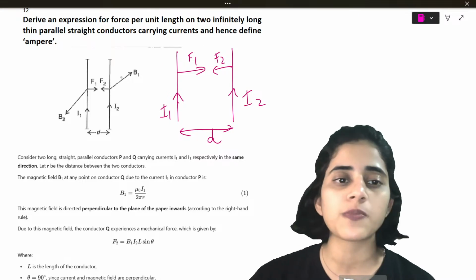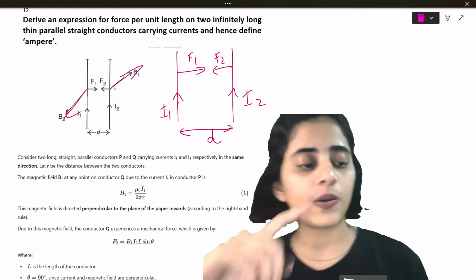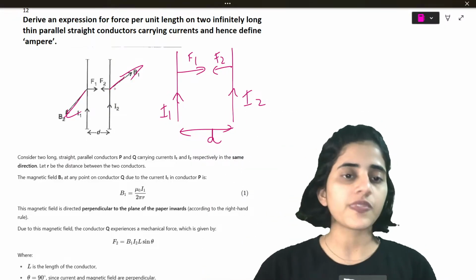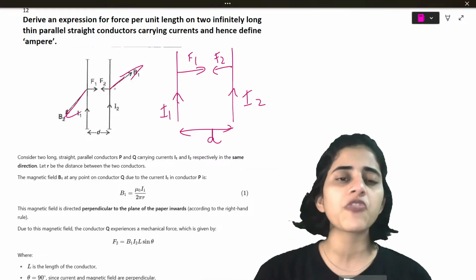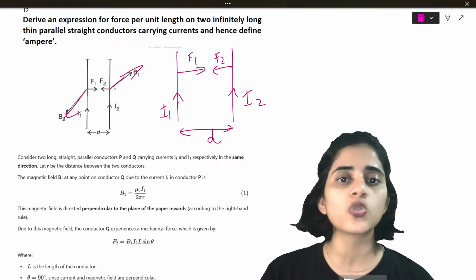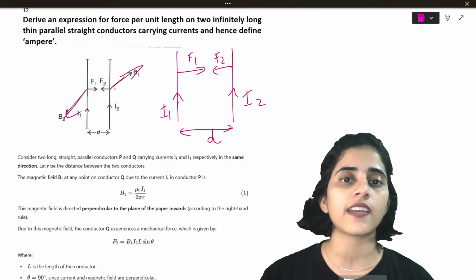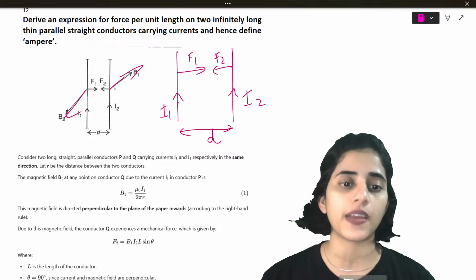Now they will experience magnetic fields B1 and B2. You have to derive an expression for force per unit length on two infinitely long thin parallel straight conductors carrying currents and hence define ampere.